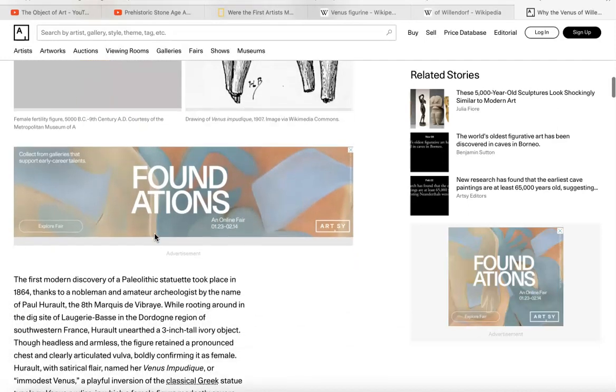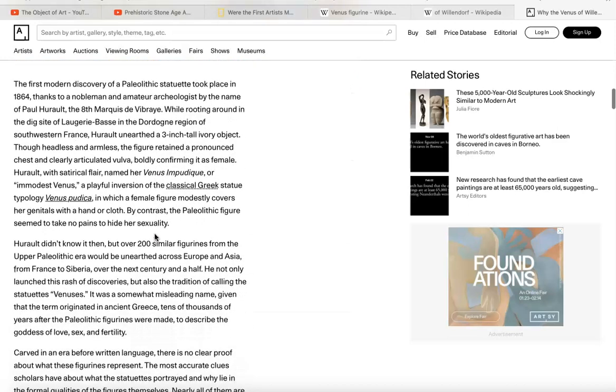We may never know exactly why these figurines were forged and who they depict, but that hasn't stopped scholars from hypothesizing. Okay, the first modern discovery of a Paleolithic statuette took place in 1864, thanks to a nobleman and amateur archaeologist by the name of Paul Urot, the 8th Marquis de Vibray. While rooting around in the dig site of Logerie Basse in the Dordogne region of southwestern France, Urot unearthed a 3-inch tall ivory object.